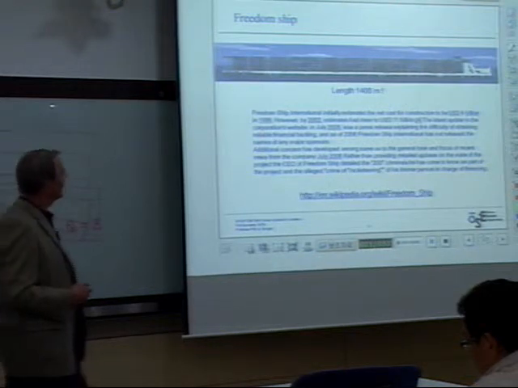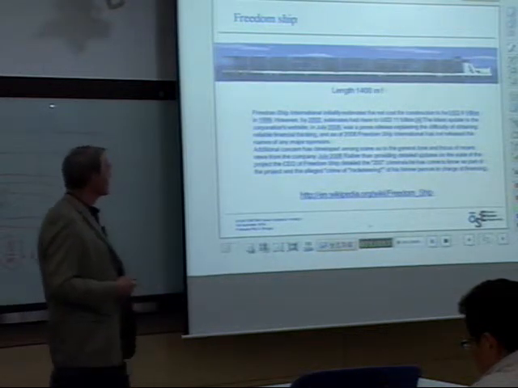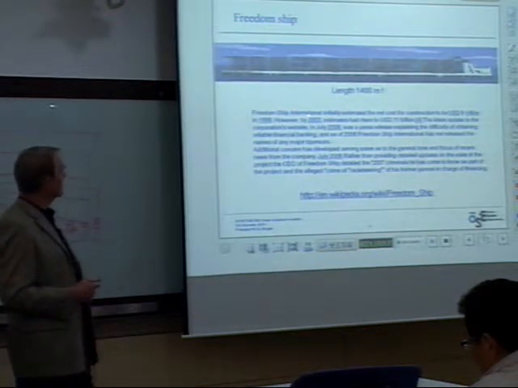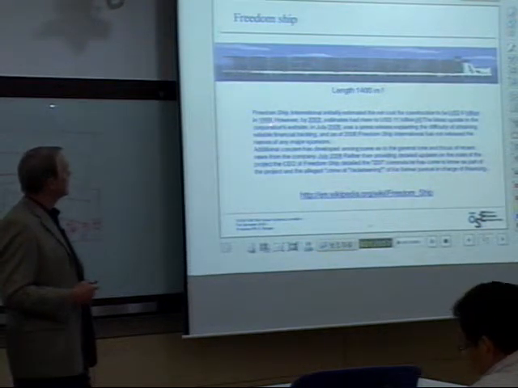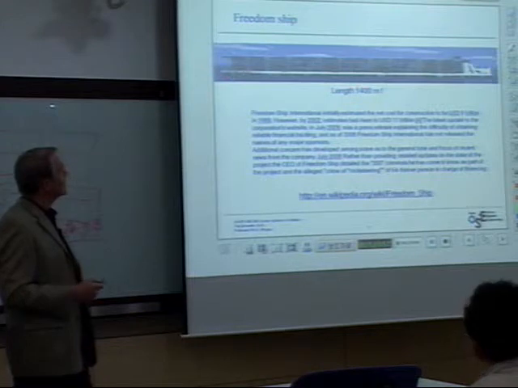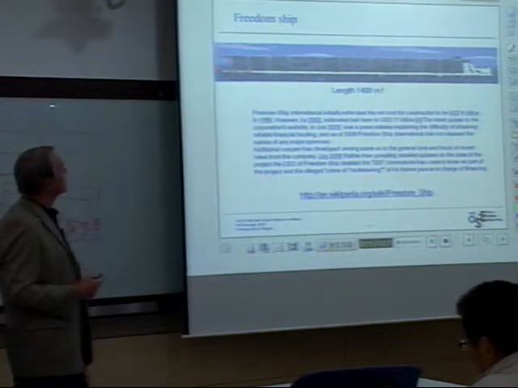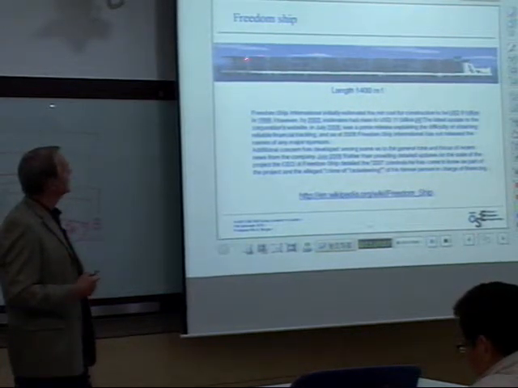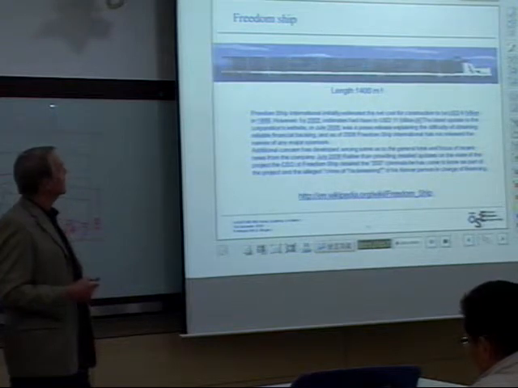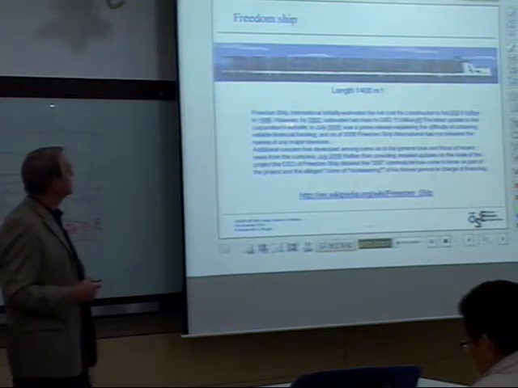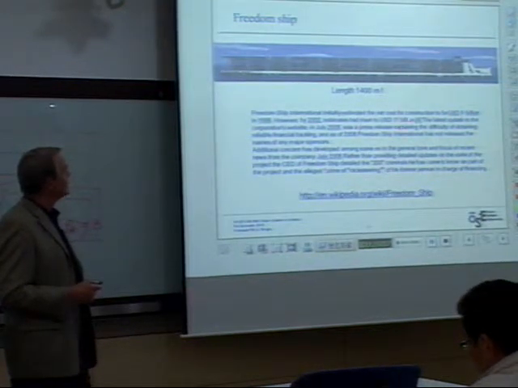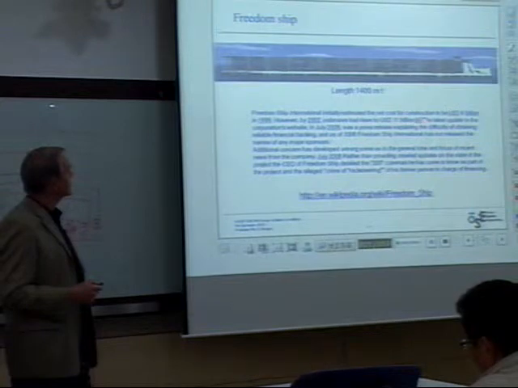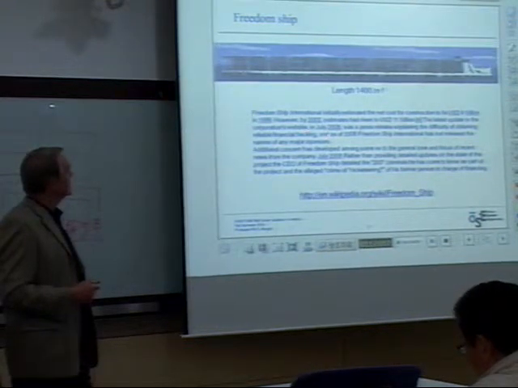Of course, that triggers all Americans to like that name, I guess. So that idea came up, a 1,400 meter long ship, right? Like an enormous hotel. And the first cost estimate was $6 billion, $11 billion 3 years later.